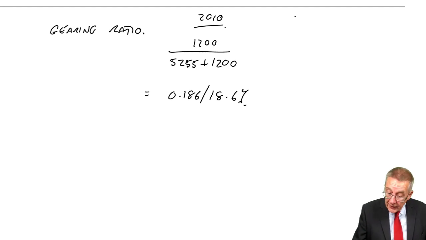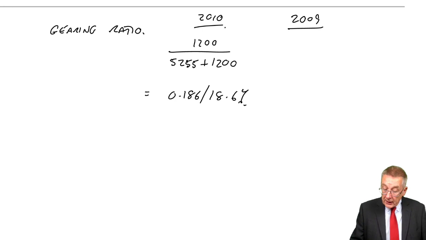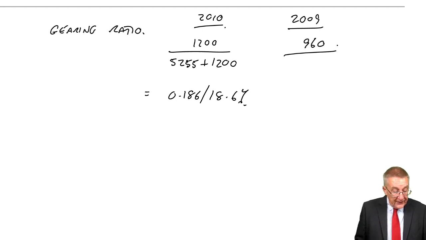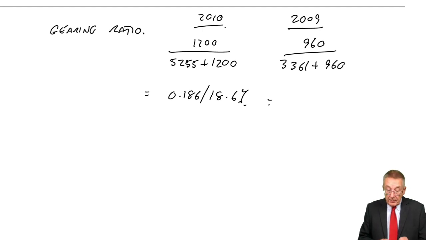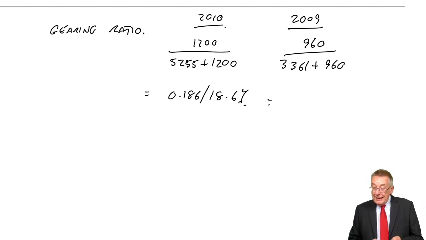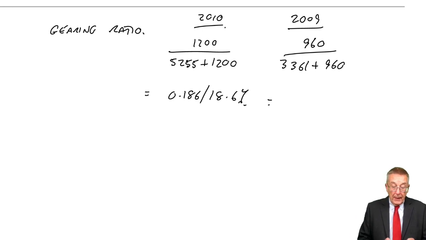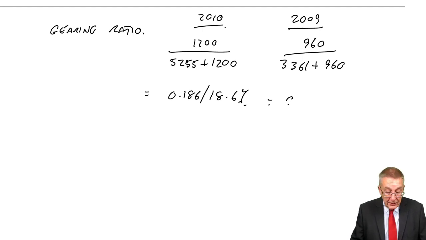Before I say any more, in 2009, what was it? Long-term borrowings, the non-current liabilities, 960. The total capital, share capital plus non-current liabilities. So the proportion that's long-term borrowing, 960 divided by 4,321 is 0.222 or 22.2%.